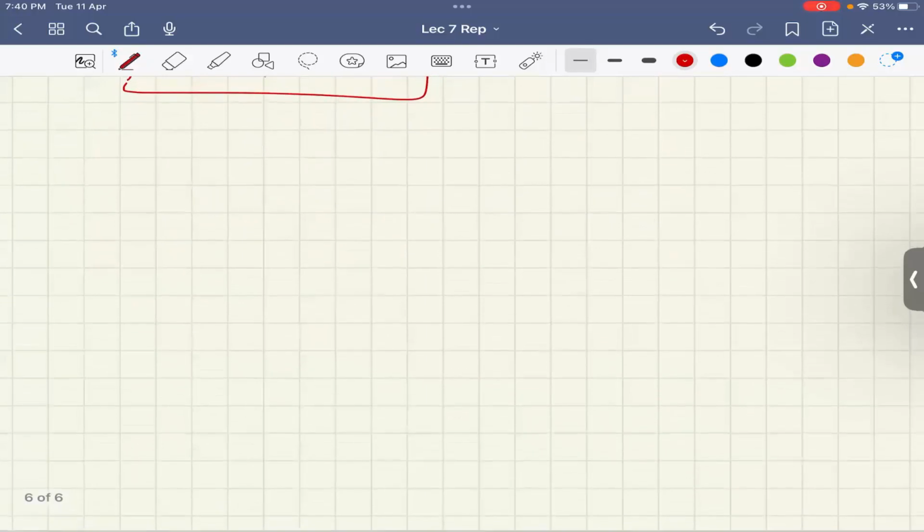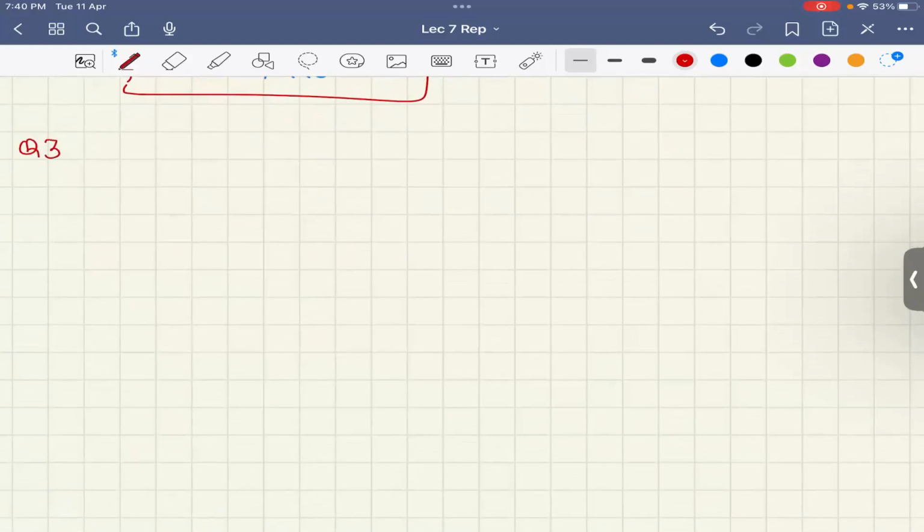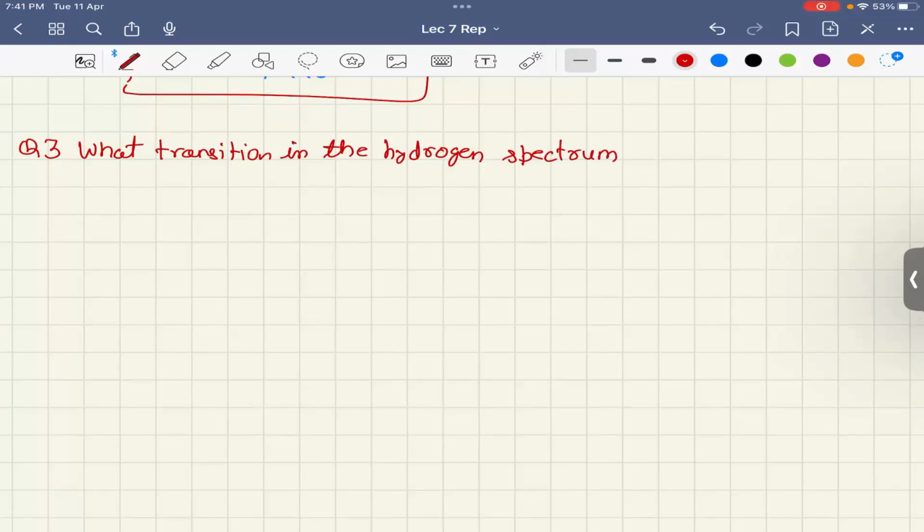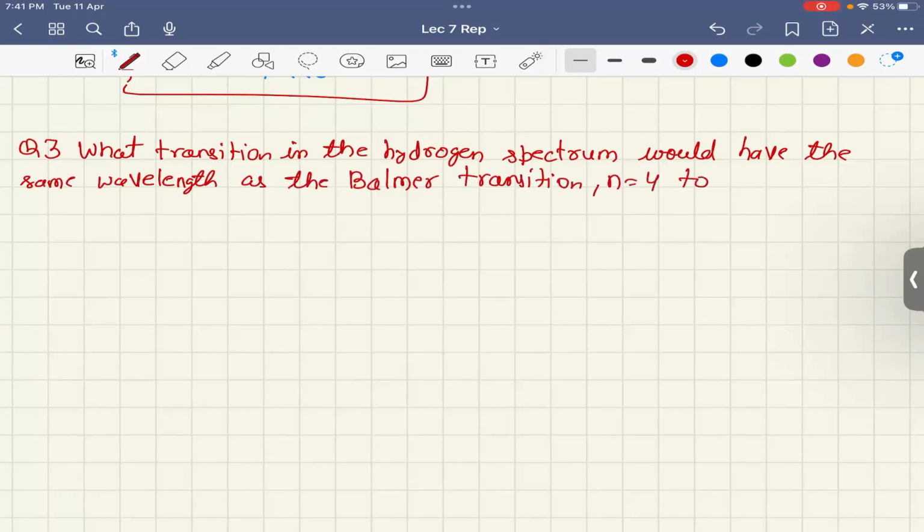So now moving on to the third question. This is a very important question, right? What we have is, what transition in the hydrogen spectrum would have the same wavelength as the Balmer transition with n is equal to 2 of the He plus spectrum?